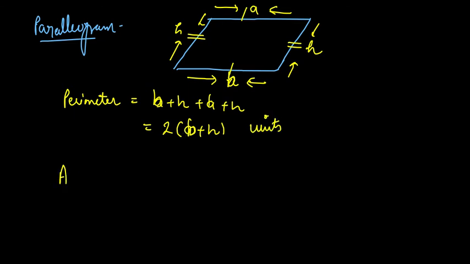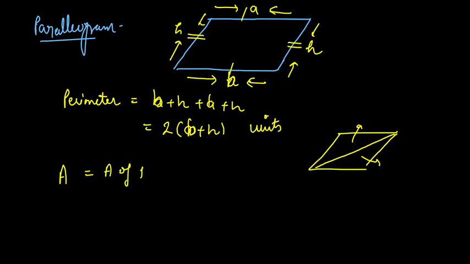Now the area of the parallelogram. If you see a parallelogram and I draw a diagonal here, I am getting two triangles, right? So to get the area of the parallelogram, it is the area of the first triangle plus the area of the second triangle.